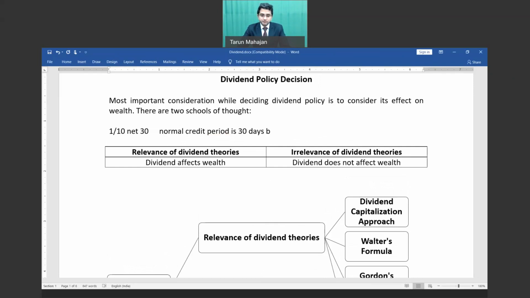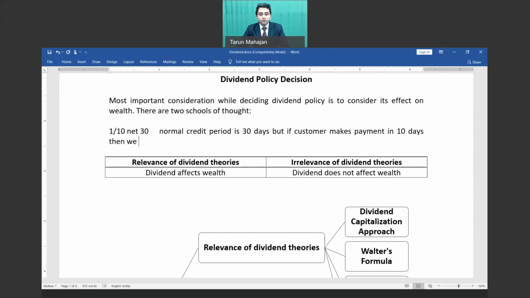But if the customer makes payment in 10 days, then we will allow him a cash discount of 1%.